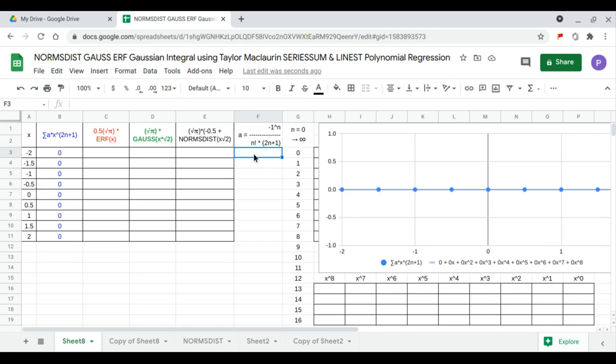We continue with the coefficient, which is the formula negative 1 to the power n. That's the numerator, divided by the denominator, which has two parts. The first part is factorial n.